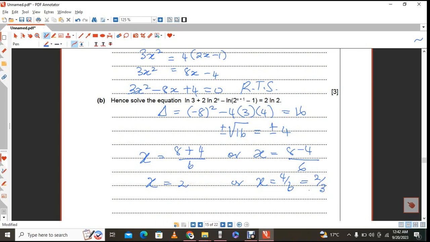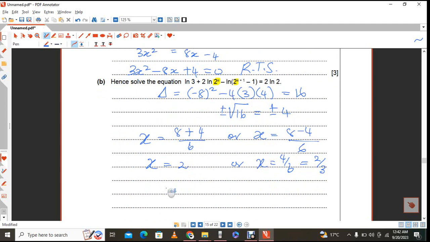Now that I have that, you will see that everywhere I have my natural log there, I'm just going to replace x by these particular answers. So also very important, let me just rewrite the equation down so you don't get confused.